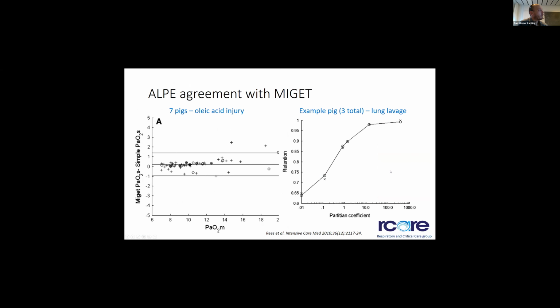The LP method model, as well as estimation method, has been compared to the multiple inert gas elimination technique in lung injury models using a porcine model of a lung injury.